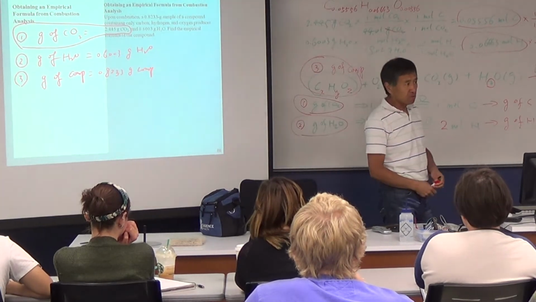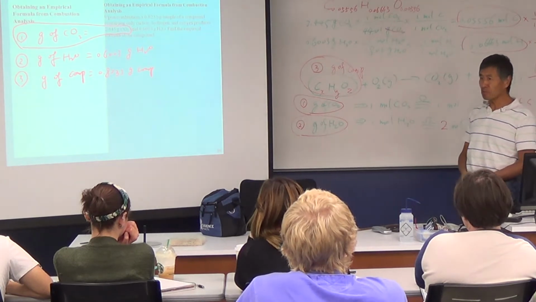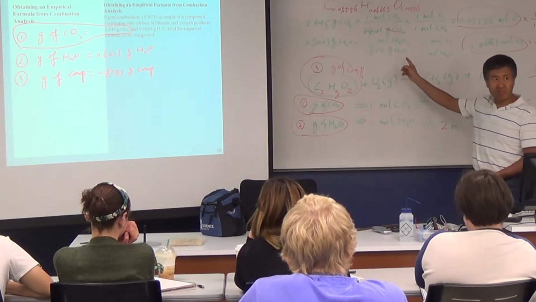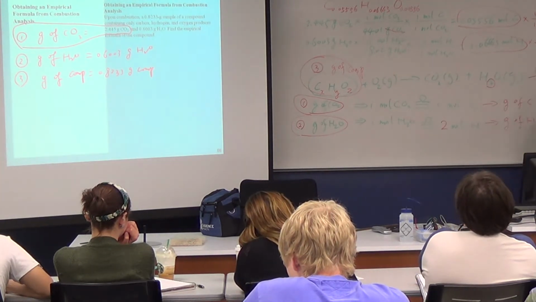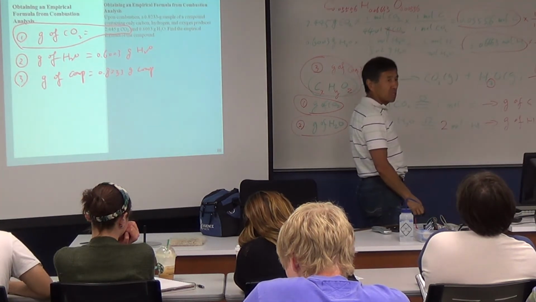What do you do next? Divide by the smallest. Which is our smallest? Oxygen, right? So let me erase some of this and you do the divide. I think these few steps are important, okay?